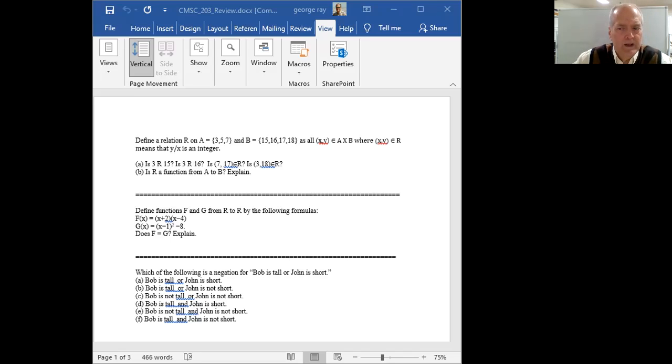So the second property is you can't have one element in your domain that maps to two different elements in the codomain. And because 3R15 and 3R18 are in the relation, the element 3 in the domain maps to 15 and 18 in the codomain.